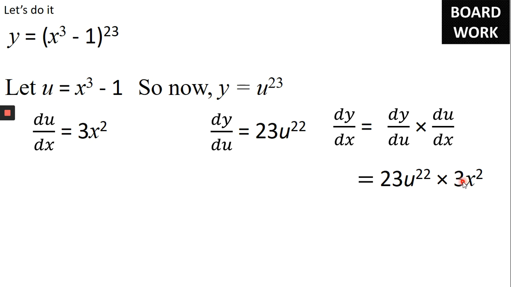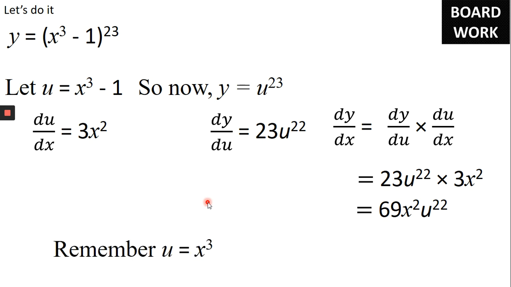I'm just going to do a bit of joining together. 3 times 23 is 69, so it's 69x squared u to the 22. So we're kind of done, but remember that u was x cubed minus 1 from here. So instead of writing u, I can just write x cubed minus 1.